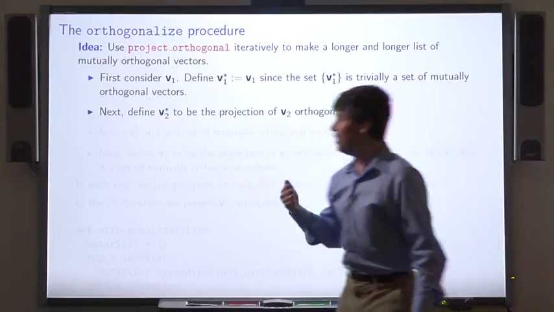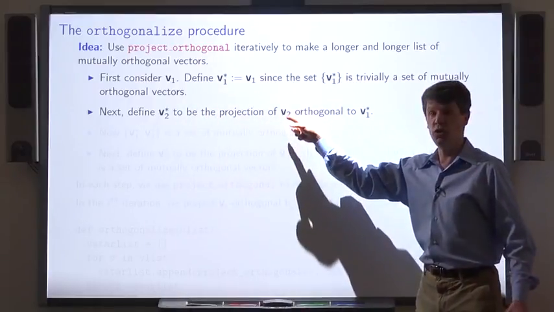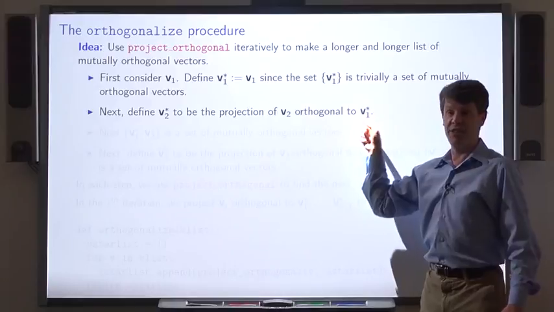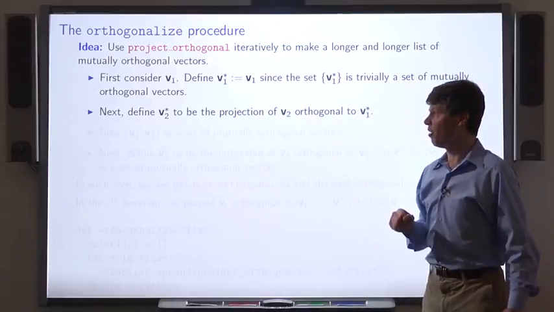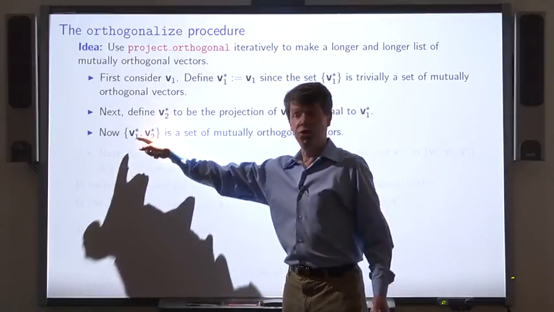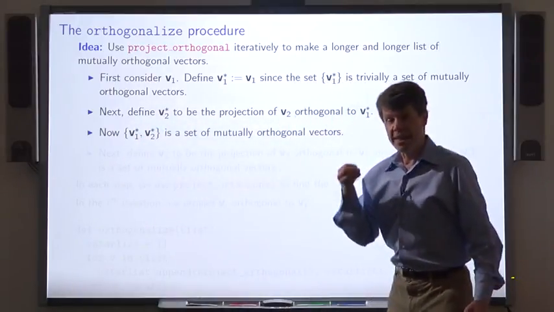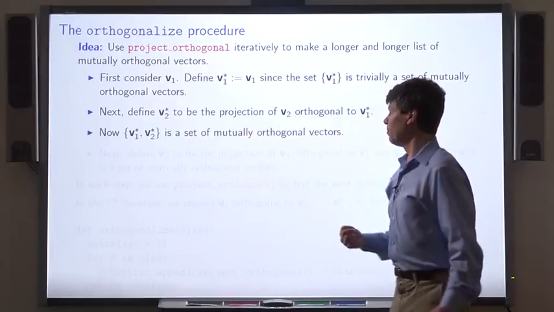Next, we define v2*. Well, what's v2*? v2* is the projection of v2 orthogonal to the vector that's already in our list, v1*. Now, since v2* is orthogonal to v1*, our set is a set of mutually orthogonal vectors.